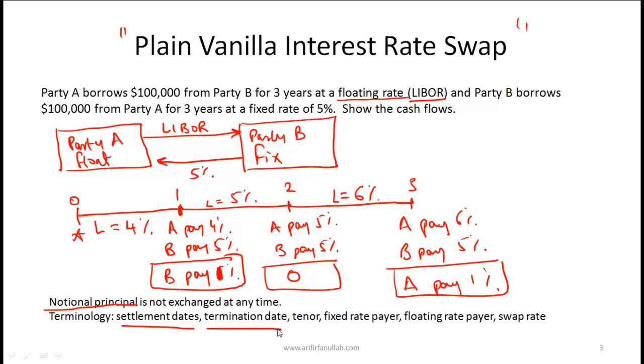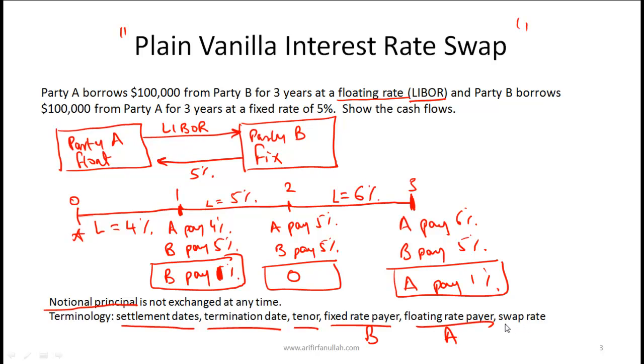The termination date of the swap is this date over here. This is where the swap ends. So this is a 3-year annual pay swap. The tenor of the swap is 3 years. The fixed rate payer is the party that is making a fixed rate payment. So in our example, that fixed rate payer is B. The floating rate payer is obviously A, because party A is making the floating rate payment based on LIBOR.